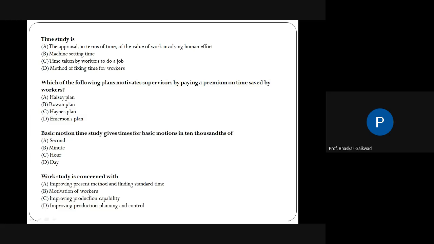Motivation of workers, once profit comes, then we have to motivate. But presently, we have to study the present method and find the standard time required, or identify the time required for the given job. So the answer to all these multiple choice questions, once again you have to remember once the broad explanation is given at the start of the chapter.